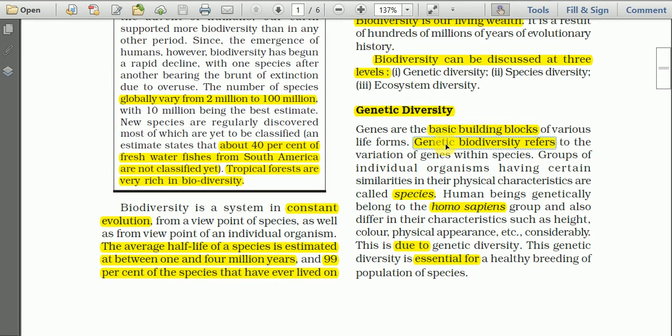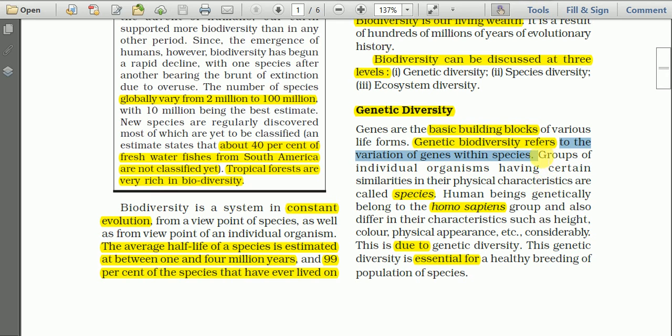And genetic biodiversity refers to the variation of genes within the species. So within the species also you will find variations of genes. The building block of life.